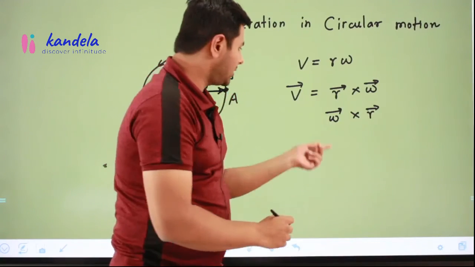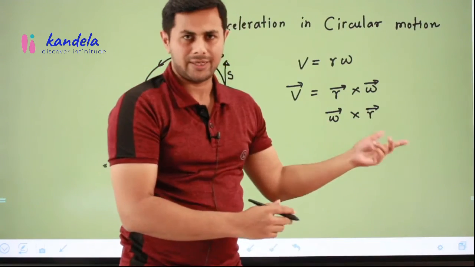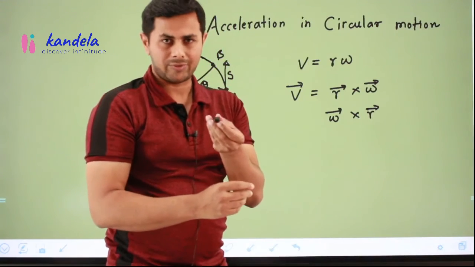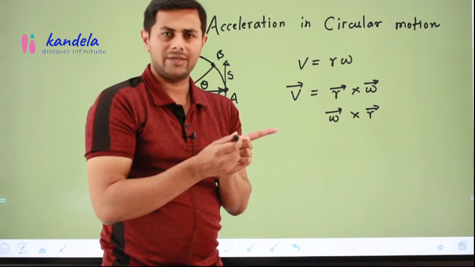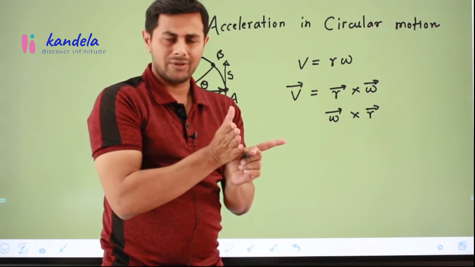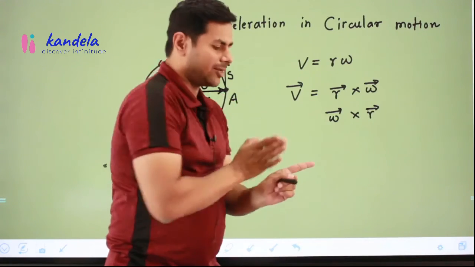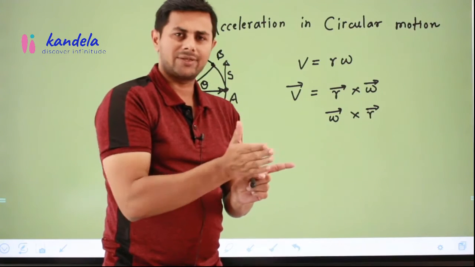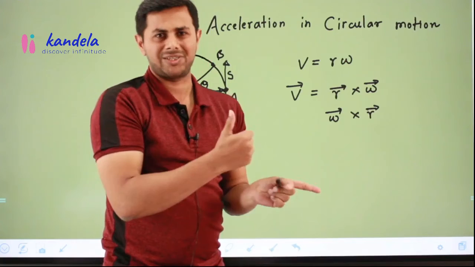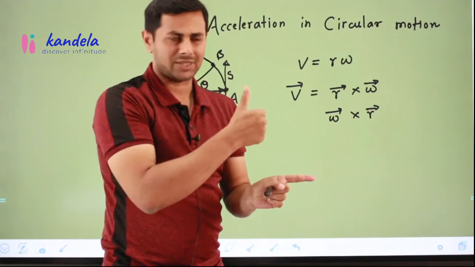Let's try the other relation, omega bar cross r bar. Omega bar is directed outside the plane of the board and r bar is directed in this direction, right? Keep your right hand in the direction of the first vector, omega bar, then curl fingers towards the second vector, r bar, and stretch your thumb. Now my stretched thumb gives me upwards direction.